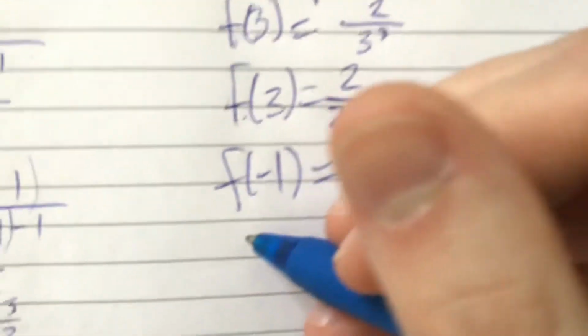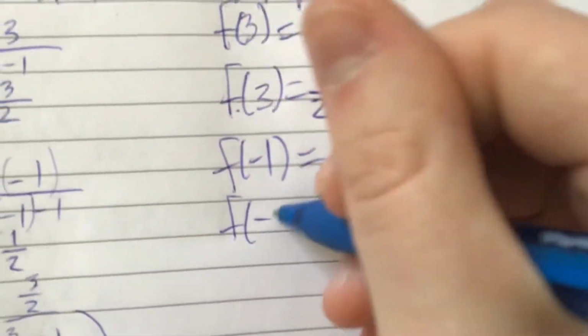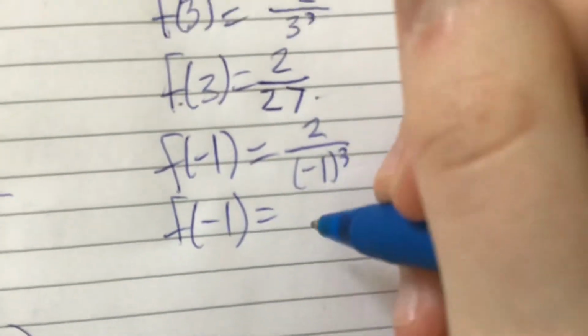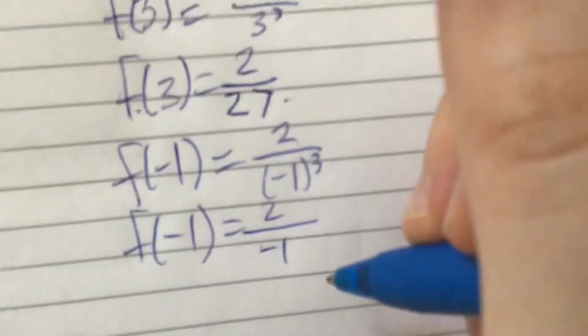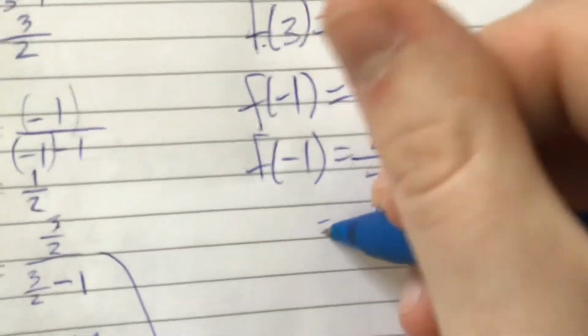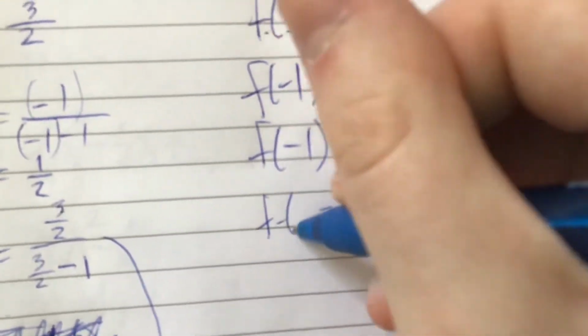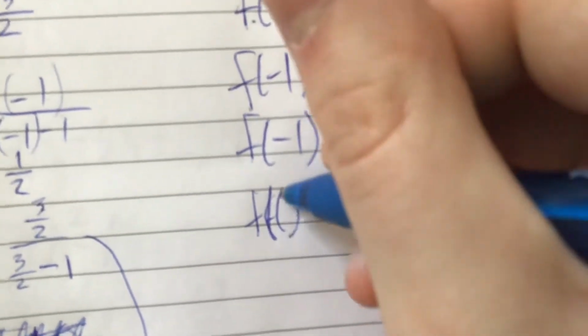Anyway, then we'd end up with 2 over negative 1. And because it's negative, you'd end up with negative 2 as your answer. This is a 1, not a parenthesis.